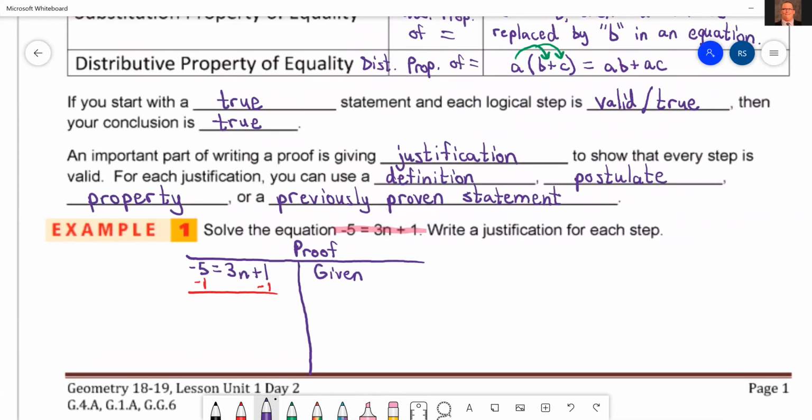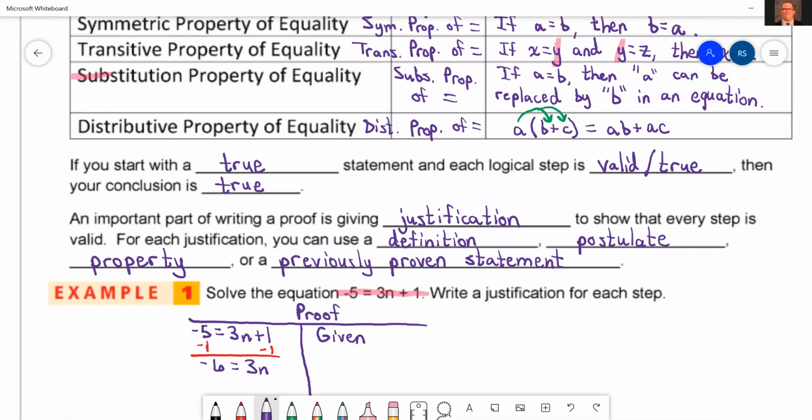Okay, now we're back. -5 minus 1 is -6 equals 3n. Here comes that 3-year-old. Why? Why is that true? What did we do? We subtracted 1.